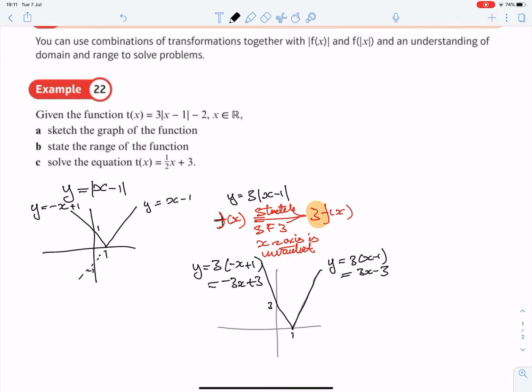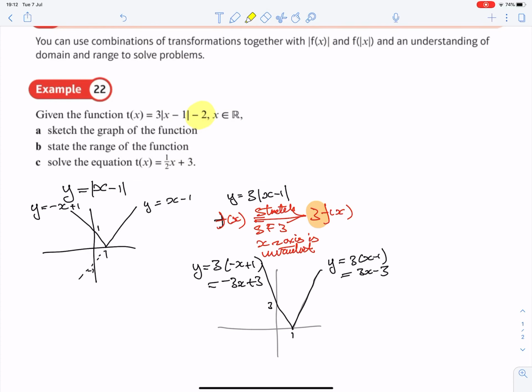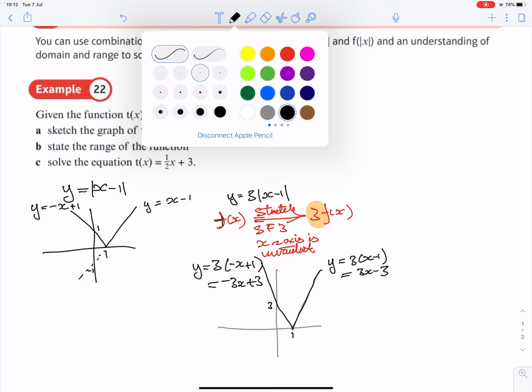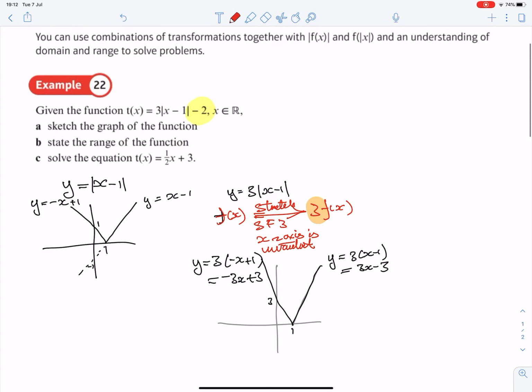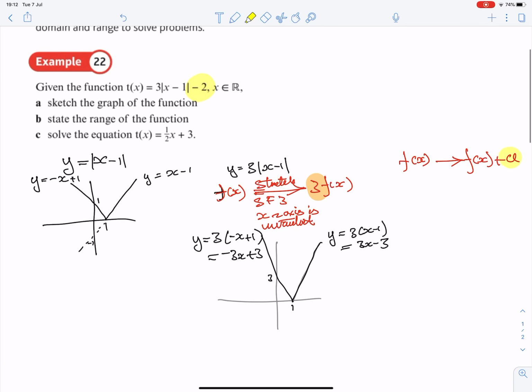Okay, so we've got that. We've now got to subtract the 2. So we've got minus 2 here. Again, our knowledge of transforming graphs is important here. f of x maps onto f of x plus a, where plus a is outside the function.